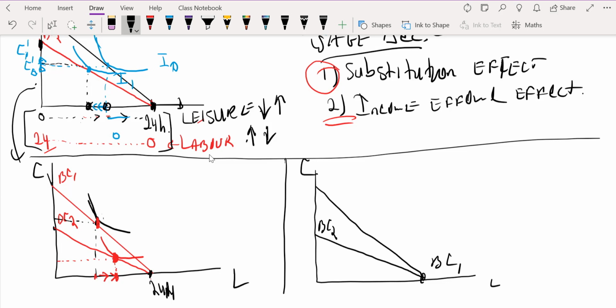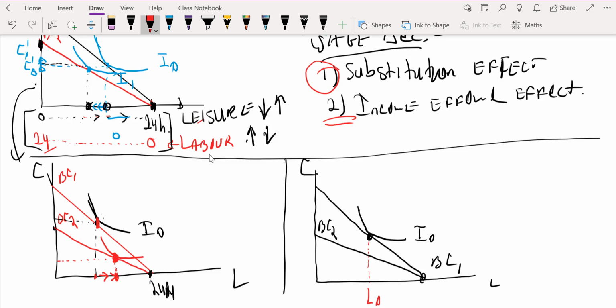Right, so what happens is that we had this original point, if you remember, this I0 from before, so that's exactly the same thing as before here, and our behavior didn't change. In other words, we didn't actually take extra leisure time or reduce or increase our leisure time, which means we worked exactly the same hours as before.